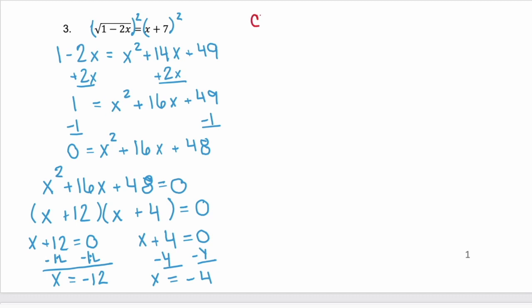And remember, we're going to check. And because we have two possible answers, we need to check both. So let's start with the negative 12. We just take our original equation and plug in negative 12 for our x and verify that that is still true.